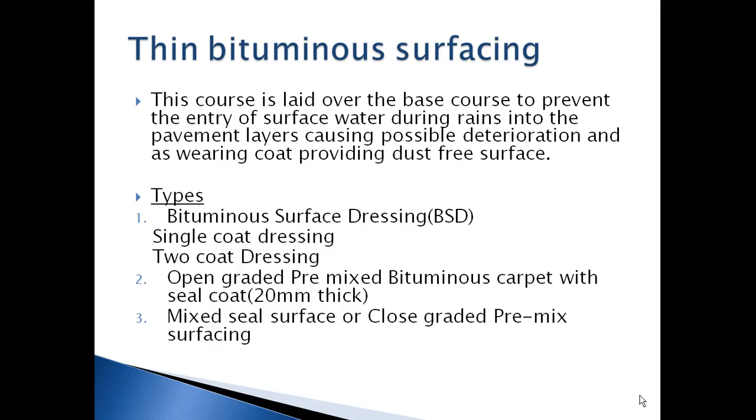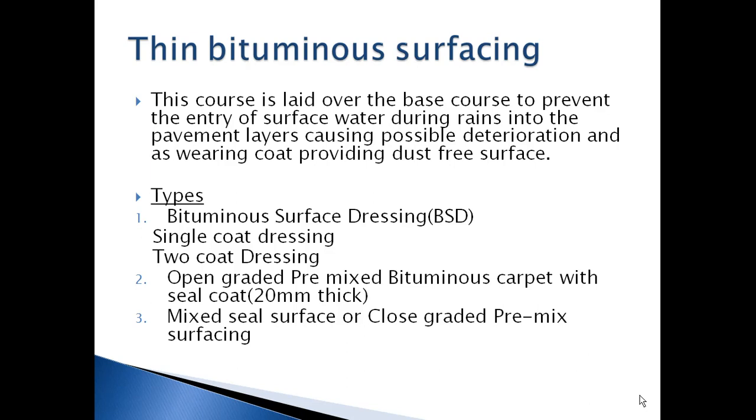Then, on this base course, we can give thin bituminous surfacing. This course is laid over the base course to prevent the entry of surface water during rains into the pavement layers, causing possible deterioration, and as wearing coat, providing dust-free surface.